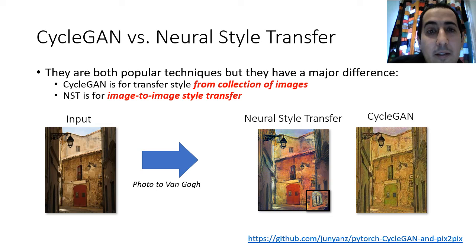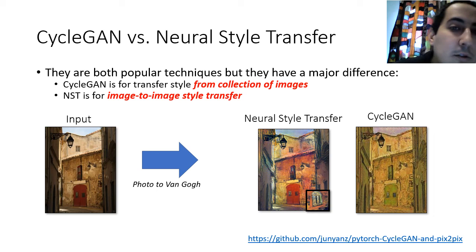However, there is one fundamental difference between the two approaches. I mean, neural style transfer, which uses CNNs, and CycleGAN, which uses generative adversarial networks. There is one fundamental difference between them. NST is a one-to-one style transfer technique, whereas CycleGAN requires training on a collection of images.